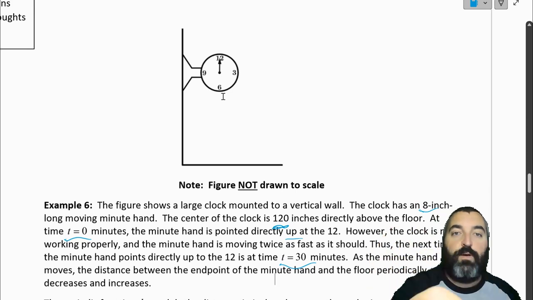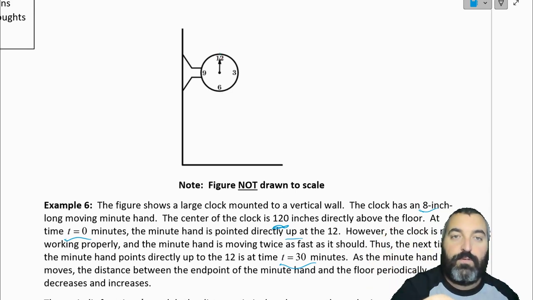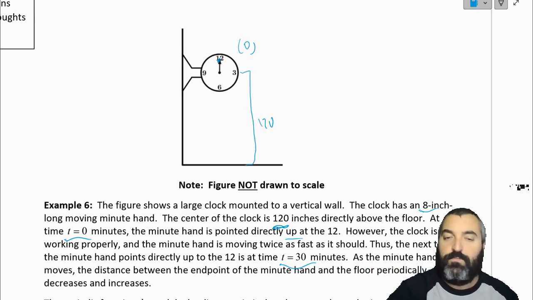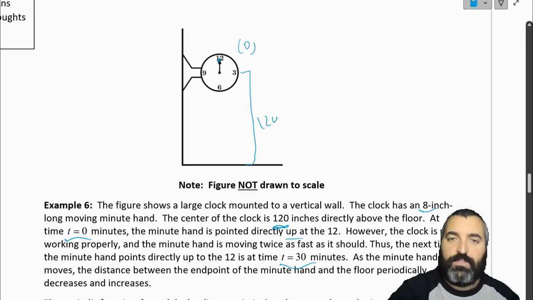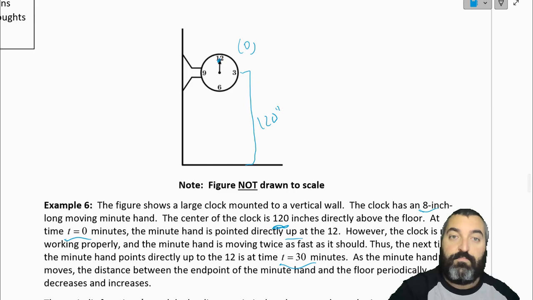So we know at time 0, it's pointing up here. So this point right here, we're at time 0, and the center of the clock is 120, oh man, getting my units all mixed up, 120 inches off the ground to the center. And then it says 8-inch hand.